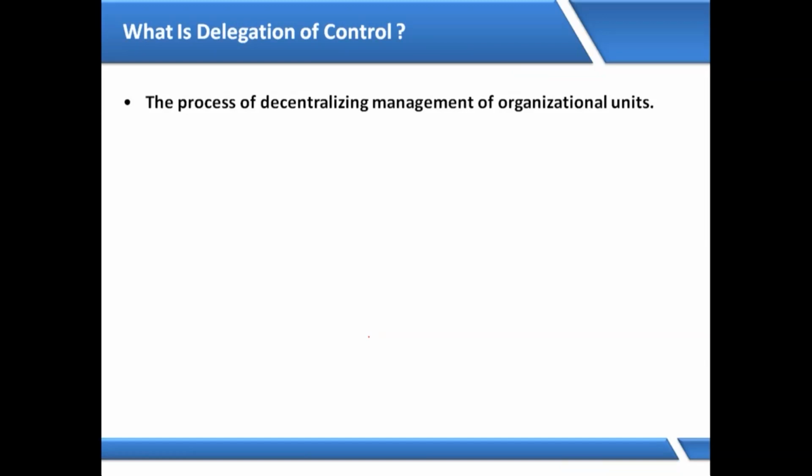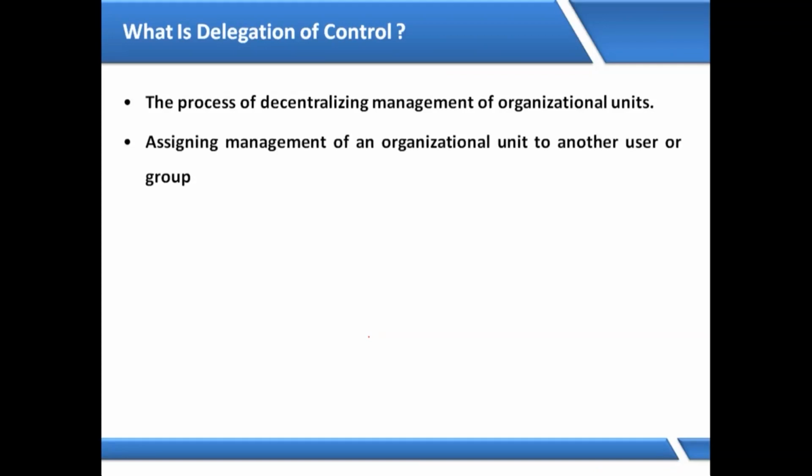in that scenario, we can go for decentralization. Decentralization means some of the tasks of the administrator can be given to other users so that they can perform those tasks from their end. This is all done to reduce the workload of the administrator. That is called decentralization. Who can give this privilege? Only the administrator can. The administrator can assign some of the routine and simple tasks to other users.